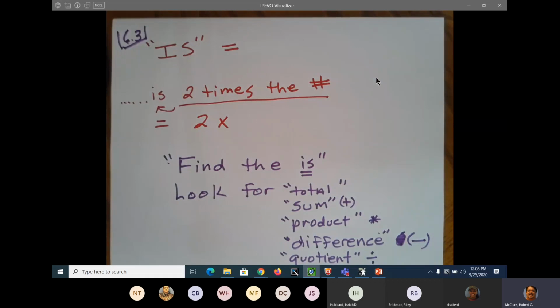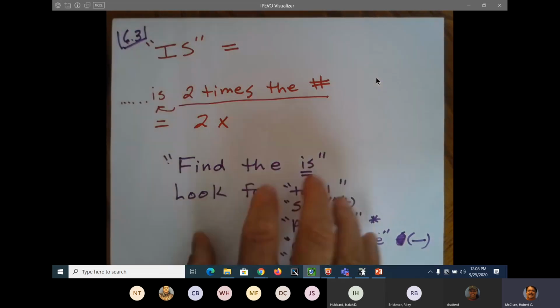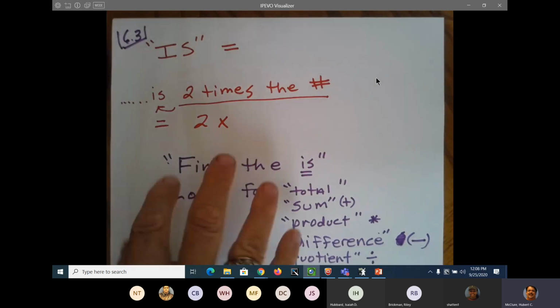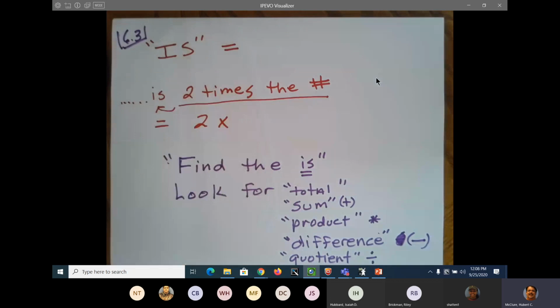We can use your questions to continue with what I'm doing here. In other words, I can use the questions that you send me to explain what we're doing in 6.3. And if you don't, then I'll just keep going with what I'm doing here and the examples that I use. Other than that, you should be working on 6.2. I should see questions on 6.2 Monday. If I don't see questions on 6.2, then that means that you understand it. So I'm going to move on to 6.3 and I'll take off from here.